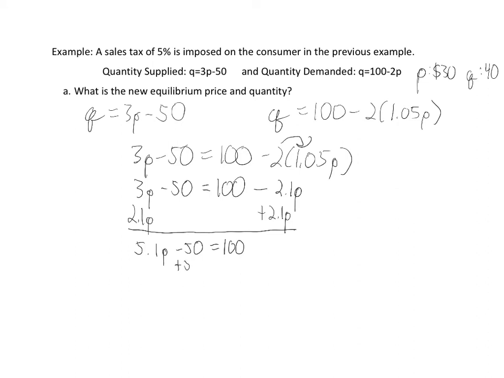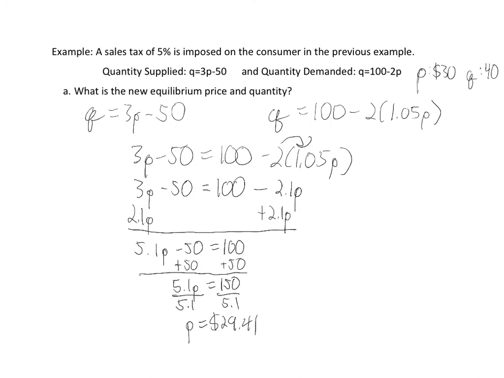If we add 50, 5.1P equals 150. And dividing by 5.1, the new equilibrium price will actually be $29.41. And the reason I'm rounding that to 2 decimal places is obviously that we are dealing with money, so we want to round to the nearest hundredth. So that gives us our new equilibrium price.